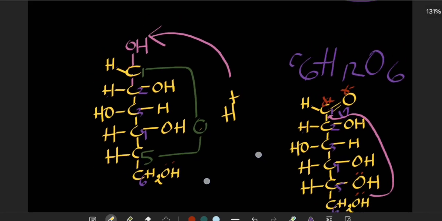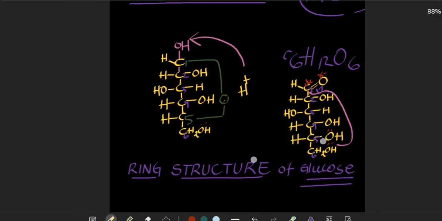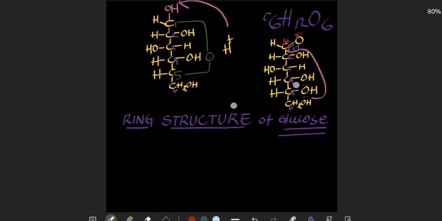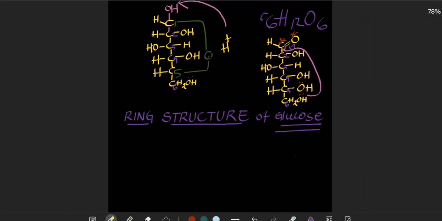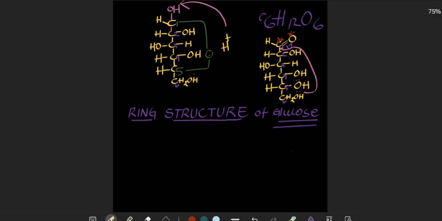Now let us try to draw the ring structure of this glucose. So I'm just gonna make it a little bit smaller so that we'll be able to follow this diagram. So I'm gonna follow this diagram and let us see how it looks. So now the structure will look like this.